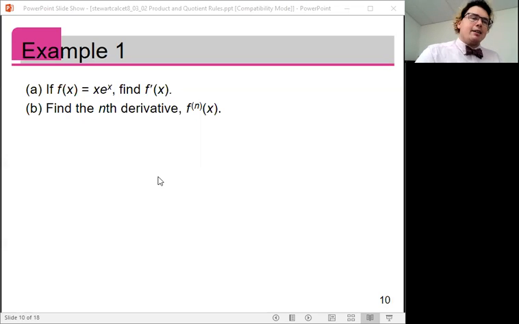Let's look at the function f of x equals x times e to the power x. First of all, we're going to find the first derivative of this function. And here, part B, it says find the nth derivative, f to the power n in parentheses.